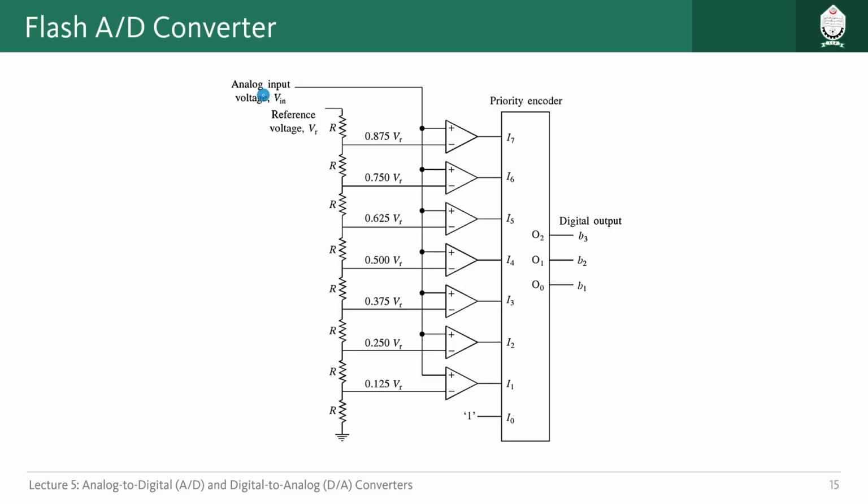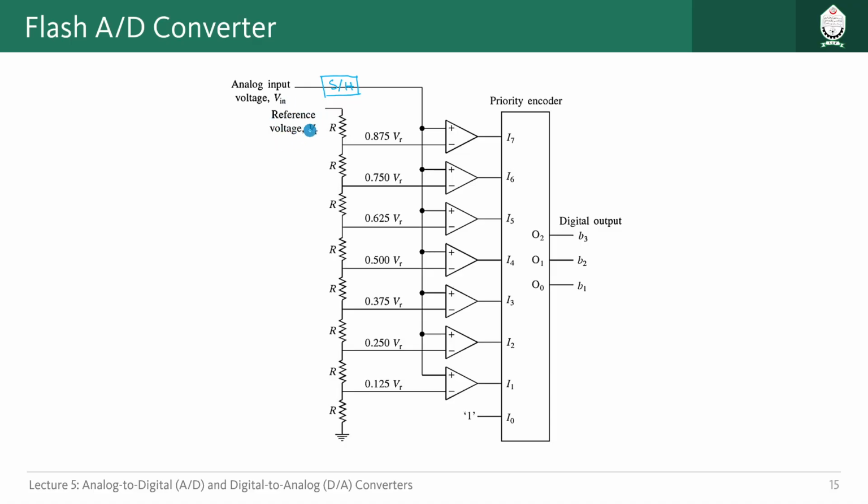It can have continuous values, right? And it should have a sample and hold circuit here, just like before, even though it's not shown here. Then there will be a reference voltage VR, which will give us the quantization step size Q right here.